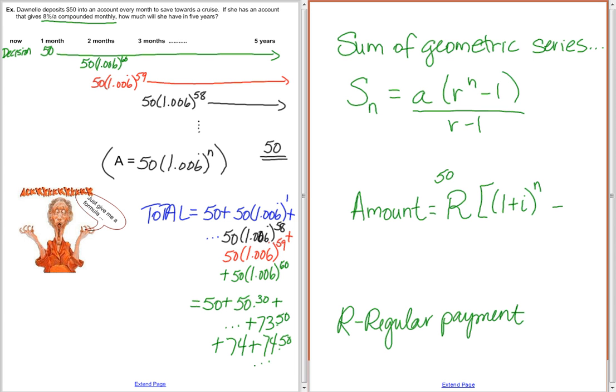Subtract 1 over r subtract 1 is, don't write this down, 1 plus i subtract 1. Well, we've got two 1's there and they cancel each other out. We'll be left with an i. So you will notice on your handout that we have the very same sum of a geometric series formula, just written a little bit differently to use our values for money.